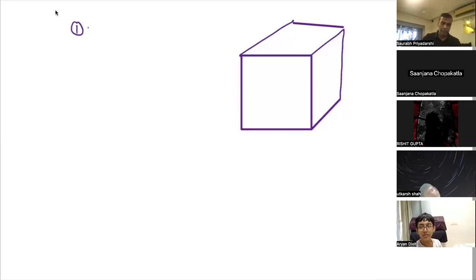Sir, I think it is 6 factorial only. Sir, is repetition of colors allowed? Not. 6 distinct colors are given, right? Yes. So is it more or less than 6 factorial? Ask again, the voice is not coming. So is it more or less than 6 factorial?